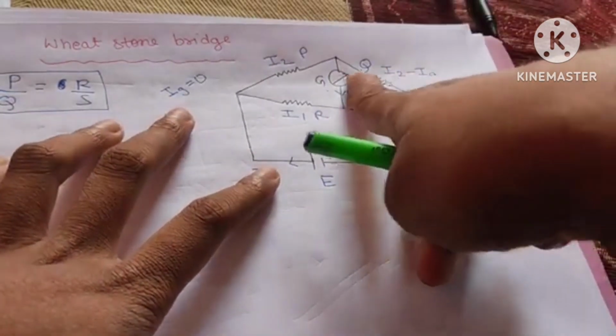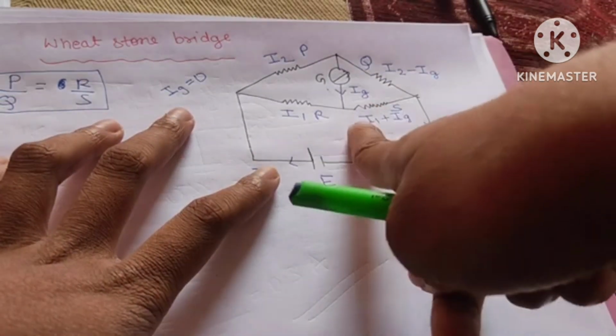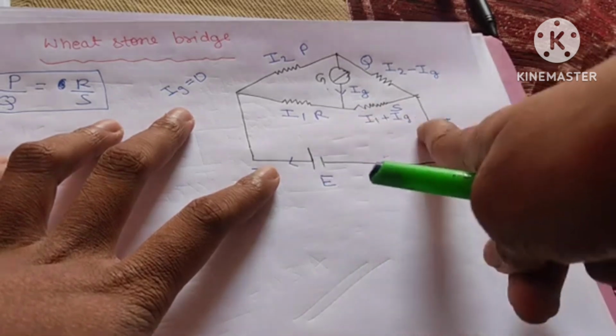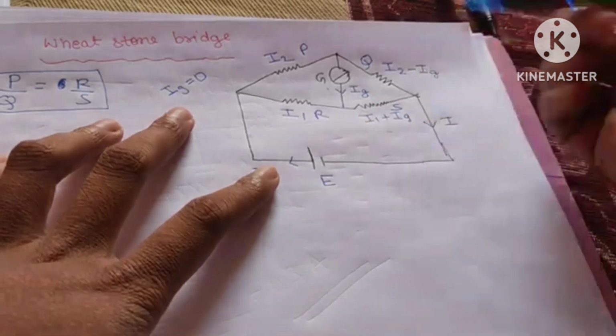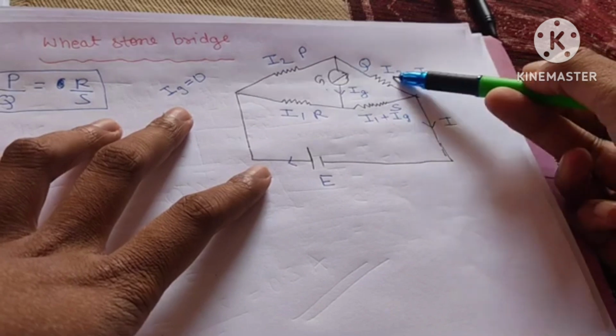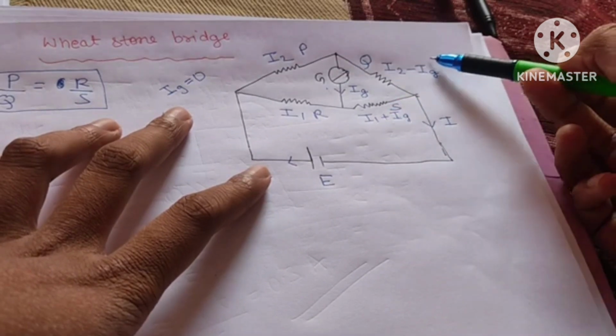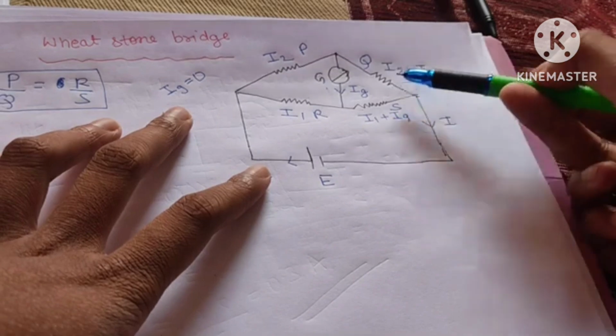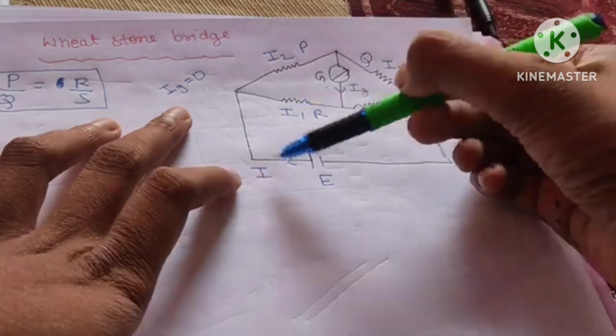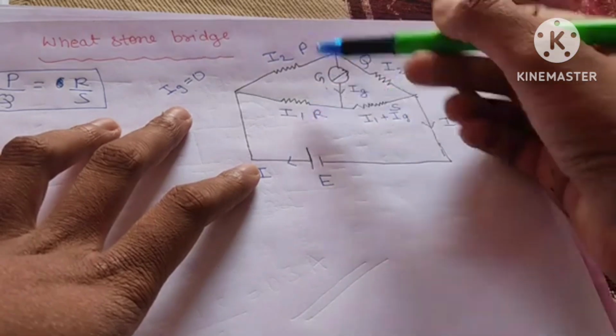Here I2 minus Ig is going, and here I1 plus Ig is going, and in return I comes out. If you add these two, Ig cancels and I1 and I2 are left. So I is equal to I1 plus I2.